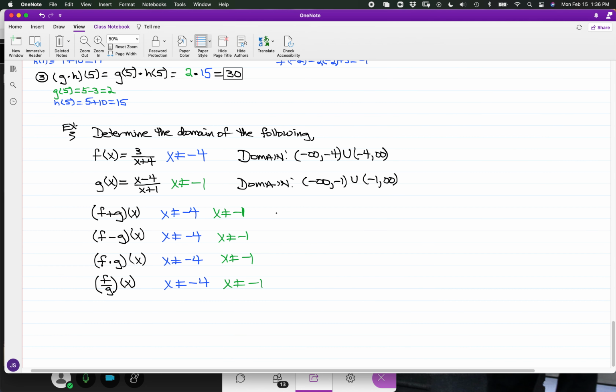And for the sum, difference, and product functions, both negative 4 and negative 1 are excluded. So you have 2 exclusions and 3 subintervals dancing around negative 4 and negative 1.